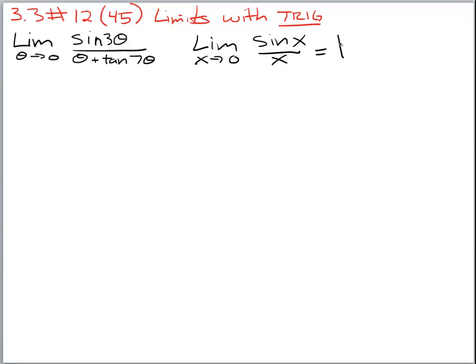So whenever you're dealing with limits of something going to 0 and you see a sine in there or a tangent in there or any trig function that could have a sine in it, you might want to be thinking about this situation and seeing if maybe you can use that to your advantage. And so because we have this sine at the top, we need to have a theta underneath it.